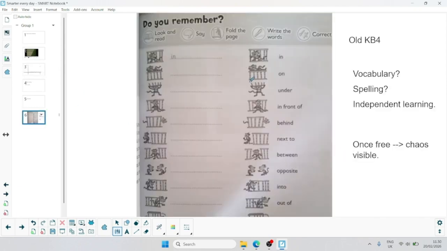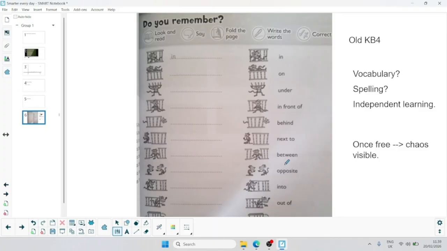We can infer that if a child manages to cover up, then spell correctly, maybe some learning is happening, but it's very, very inaccurate. For a lot of students, once they are free, it just becomes a mess.